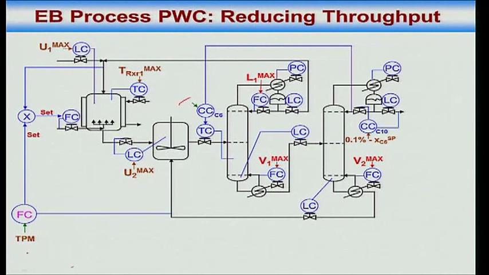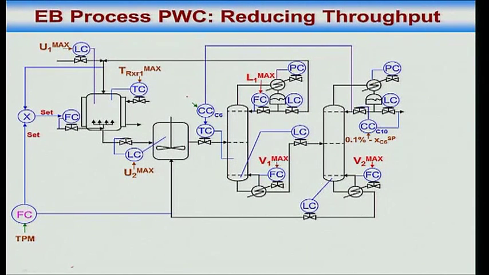So let's get back. Originally this is my throughput manipulator. I want to reduce throughput. I'll change the product impurity mix from about the same impurities to mostly benzene. That's what I do. Once that is done, I move the throughput manipulator here, go from 230 to 112.